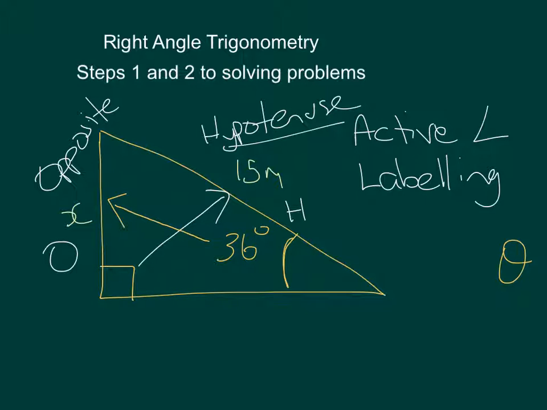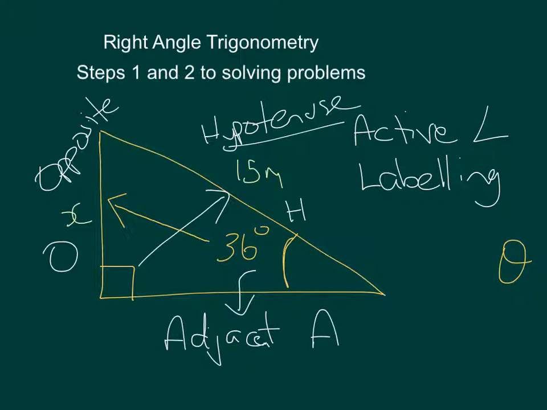That leaves us with the other side down here. The side that is next to the angle, we call adjacent, because adjacent means next to. And we shorten that to A.